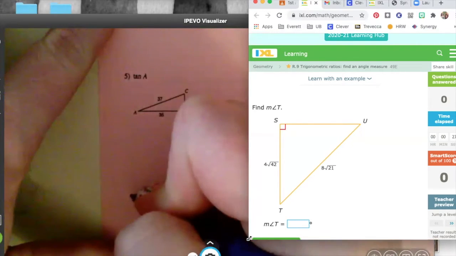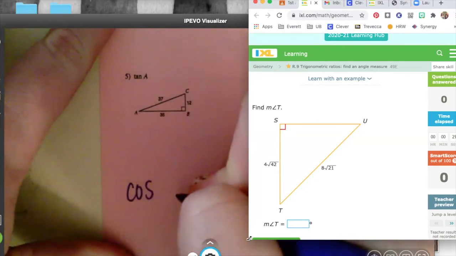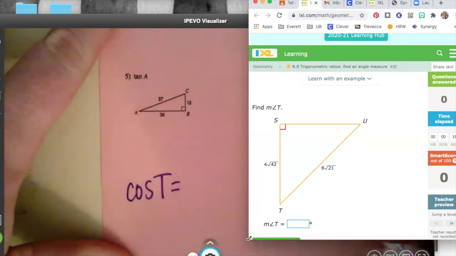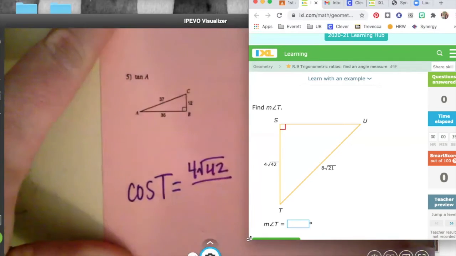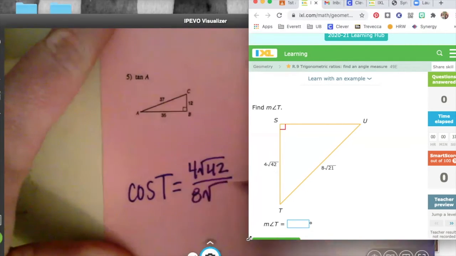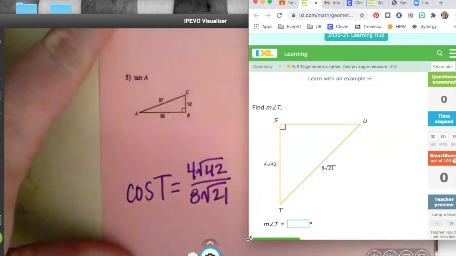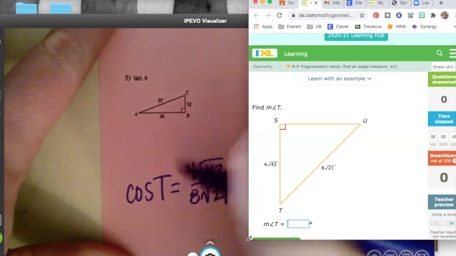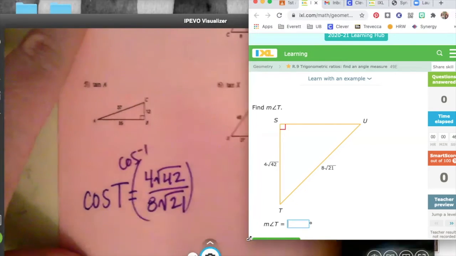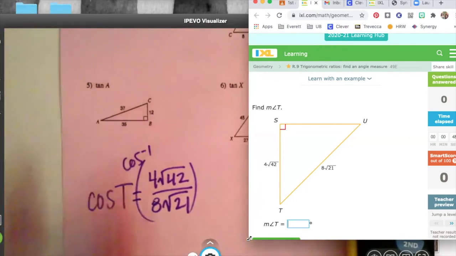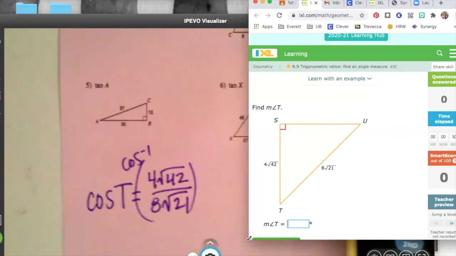So I'm going to do cosine T equals adjacent side over hypotenuse. And that's what I'm typing in, right? I'm still just going to type in the inverse cosine of all of that. And I'm still just going to get a decimal. You do not have to work with the radicals on your own, okay?